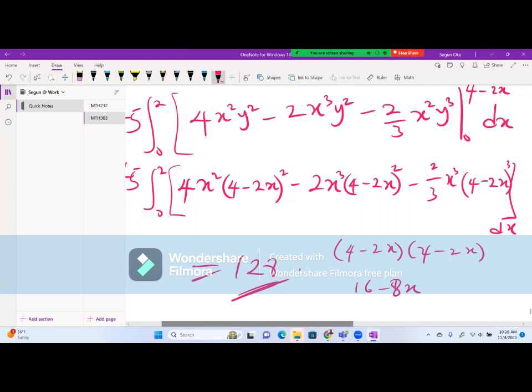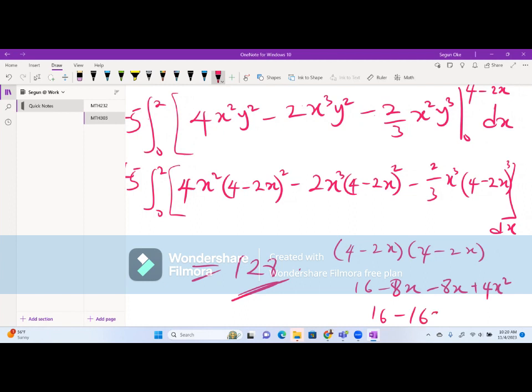Thank you. So when you said 4 multiplied by 4, 16, 4 multiplied by minus 2x, minus 8x, minus 8x, plus 4x squared, you add this together: 16 minus 16x plus 4x squared. So this is what you will substitute where you have x squared.